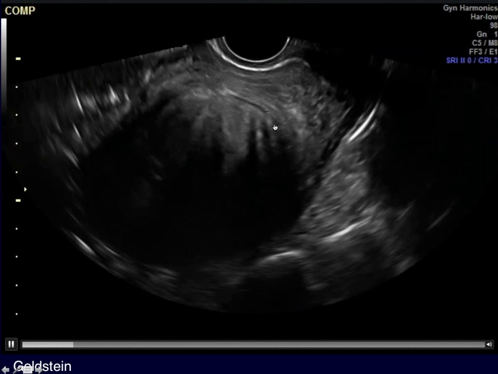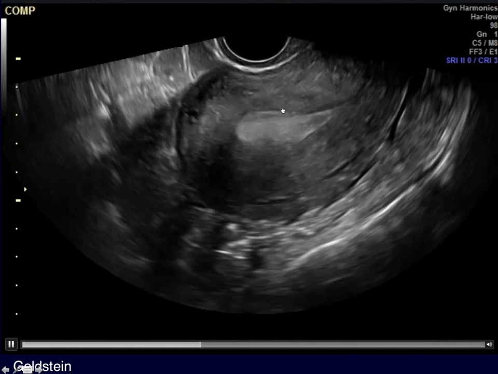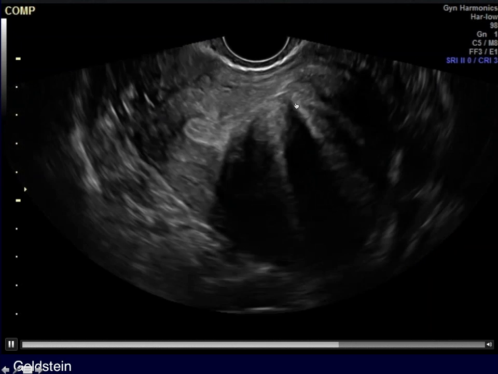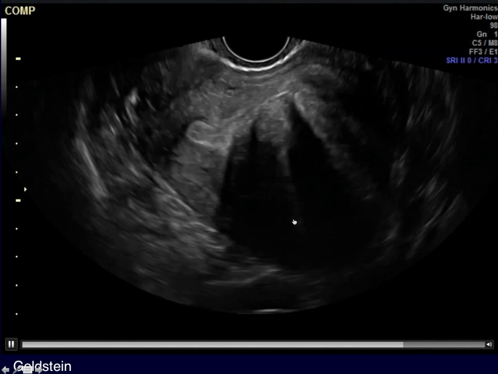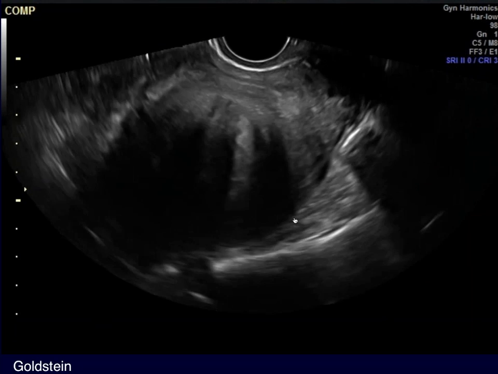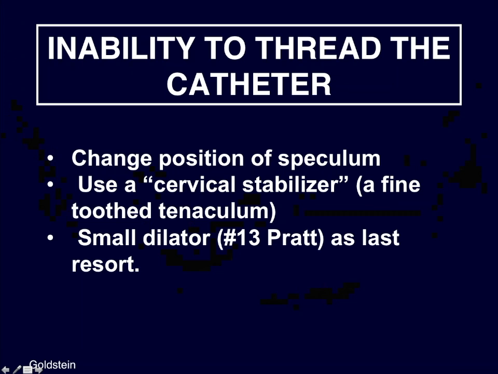So here's an example where in some of these planes, you'll see in a moment, this looks relatively normal, but as we move over, you can see there's a large myoma. So in an unenhanced mode, in one snapshot, two-dimensional view, this might have been interpreted as being normal.